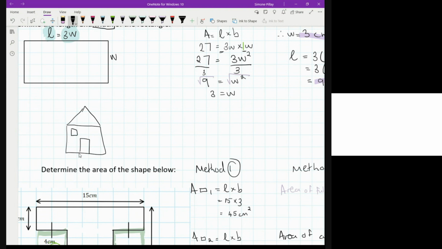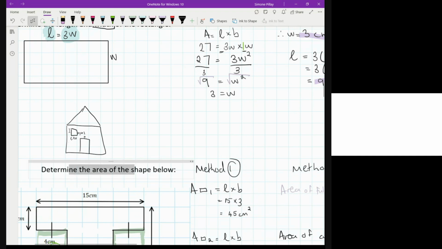The diagram shows a front view of an A-frame house. The window is 1,24 meters wide and 0,62 meters high. The door is 1,06 meters wide and 2,12 meters high.